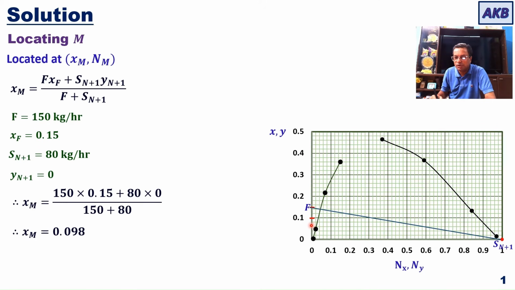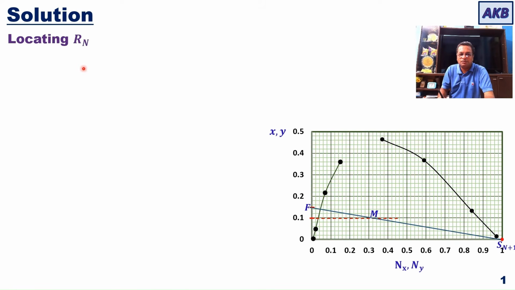Once you locate xM, you go to the line FS(n+1) where you have the intersection. That intersection point will be nothing but point M. So point M is located at x equal to xM. We got xM over here, it is 0.098, and then we go to the line FS(n+1) and locate point M over there.